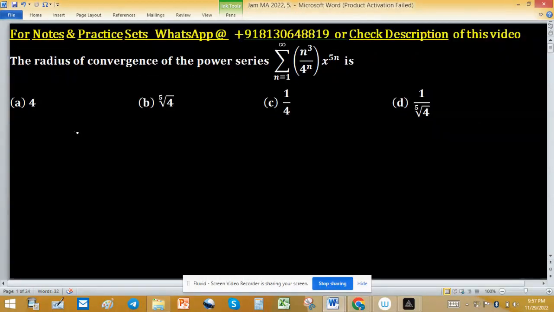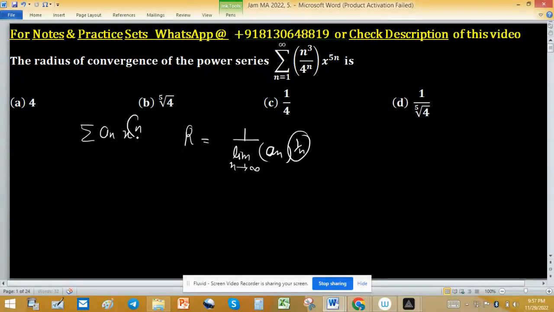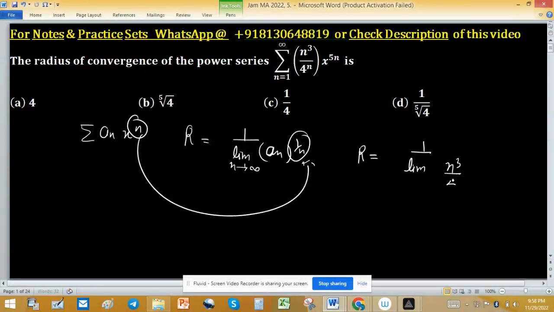The radius of convergence of a power series: if the series is given as a_n x raised to the power n, then the radius of convergence r can be found using the expression limit n tends to infinity of |a_n| raised to the power 1 upon n, taking the multiplicative inverse. So the radius of convergence of this power series will be 1 upon limit of n cubed times 4 raised to the power n, all raised to the power 1 upon 5n.